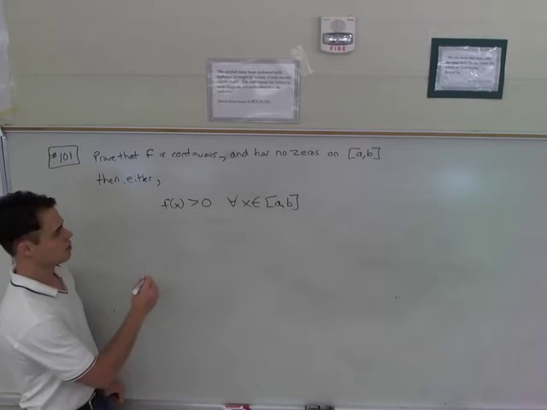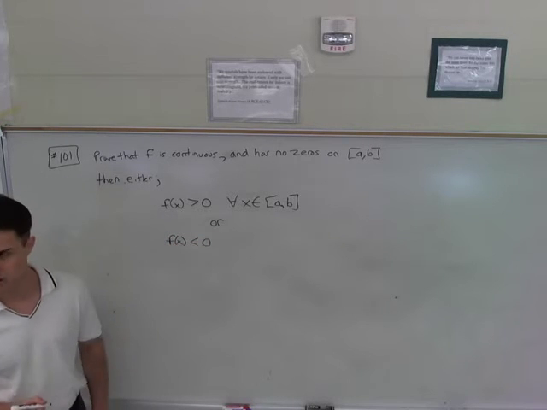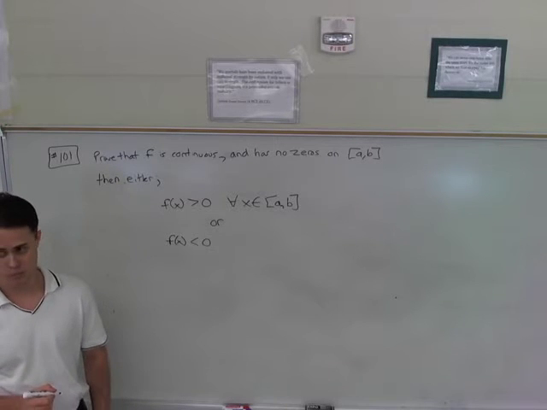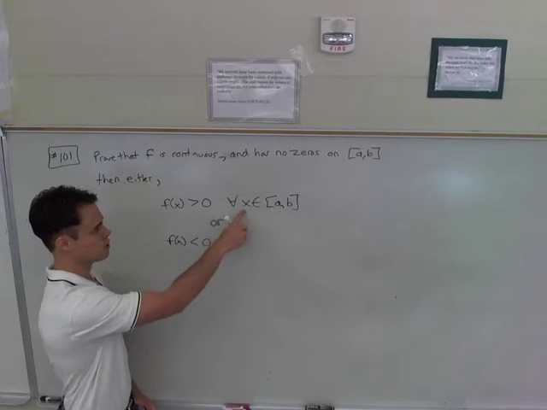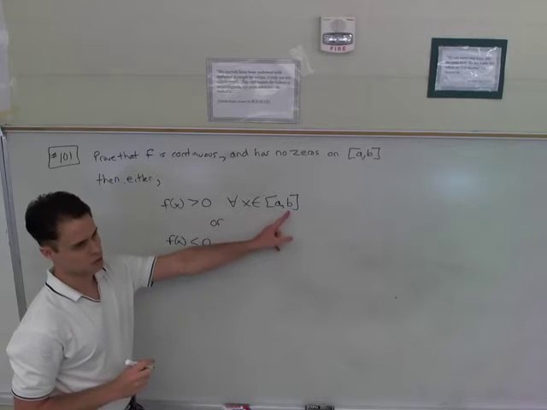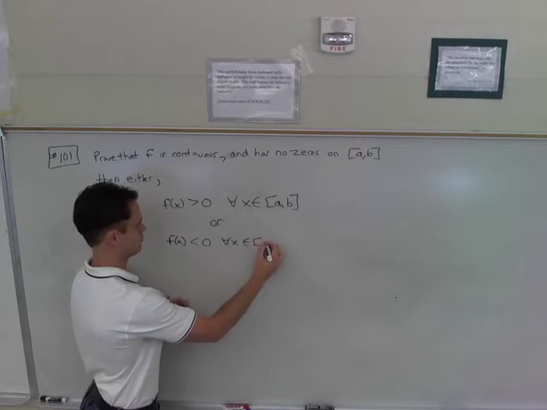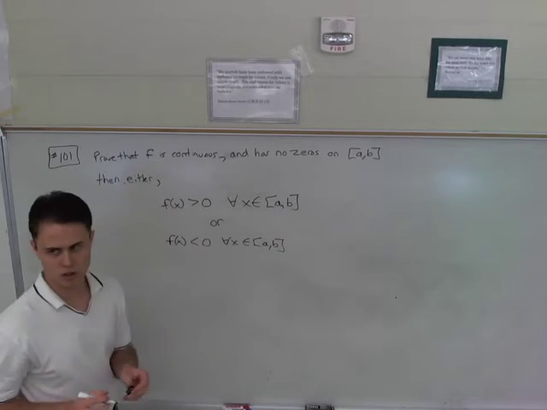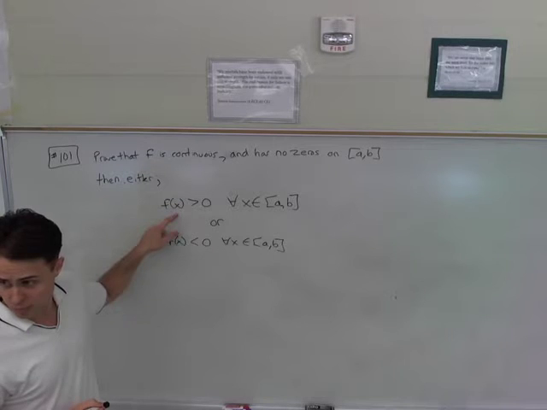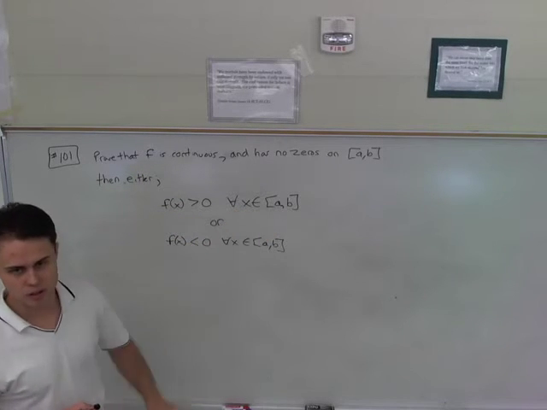So we've got some heavy logical things going on here. For all x values in the interval A to B, that means x belongs to the interval A to B. So in symbolic notation, this says f of x has to be bigger than 0, or positive, for all x values in that interval, or it has to be negative for all x values in that interval.